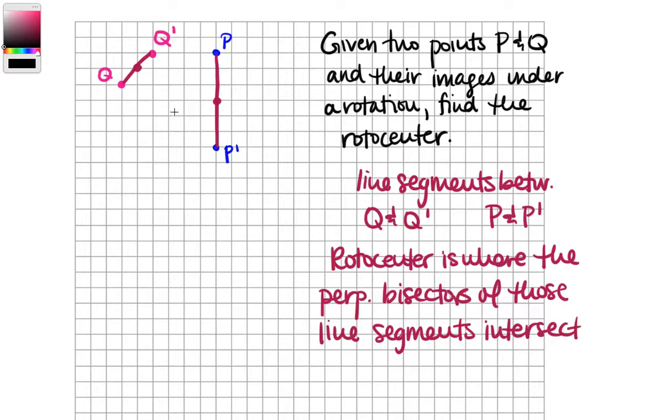And I'm going to do my best in this video to draw some straight lines. Here's one perpendicular bisector. And here's the other perpendicular bisector. We already have their intersection point, so we don't need to go any farther. So that point is our rotocenter.